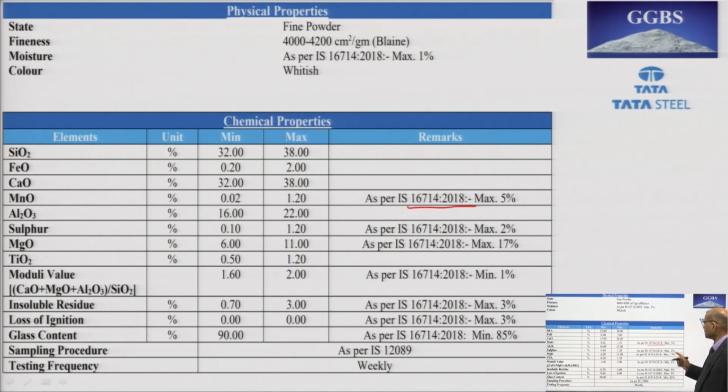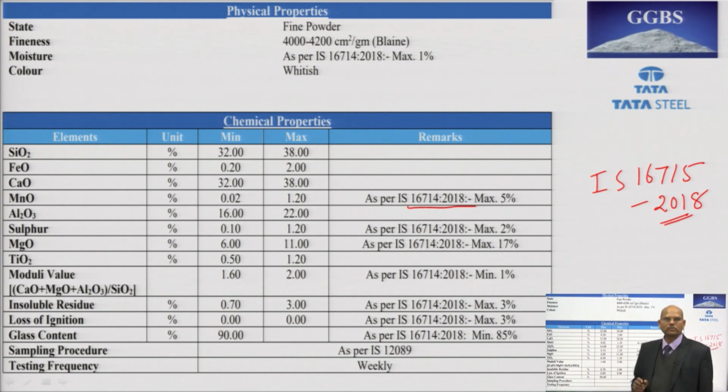If you consider the ultra fine GGBS, that code is IS 16715:2018, which goes by the requirements of ultra fine GGBFS. Okay. So, Tata Steel from Jamshedpur, they do all the testing, and they will give you the test certificate also.